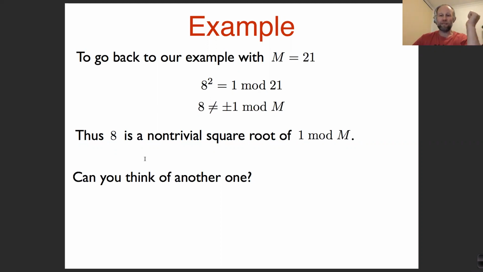If we look at minus 8 squared, it's also 64, so that would also be equal to 1 mod 21. Minus 8 mod m is like 13, so 169 is also equal to 1 mod 21. So these non-trivial square roots come in pairs.